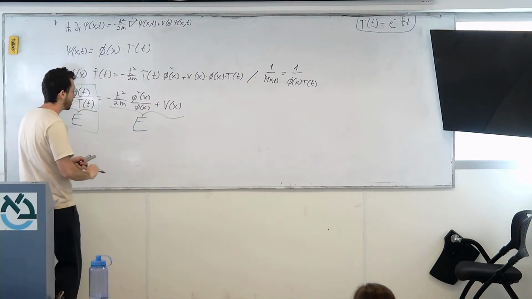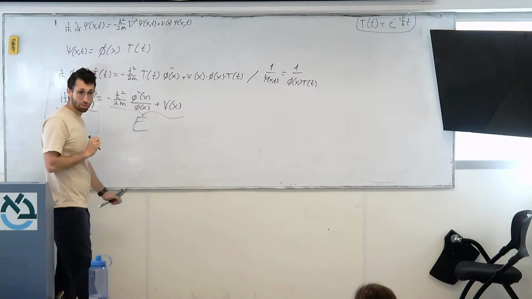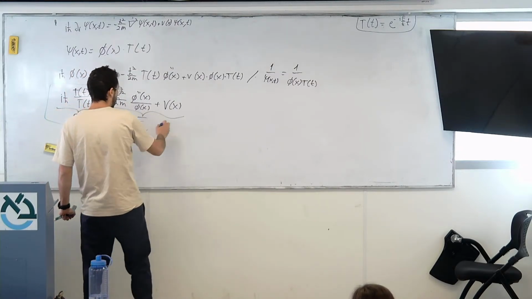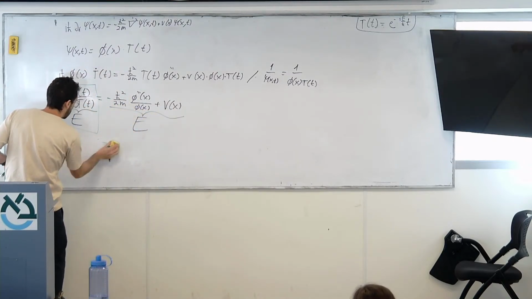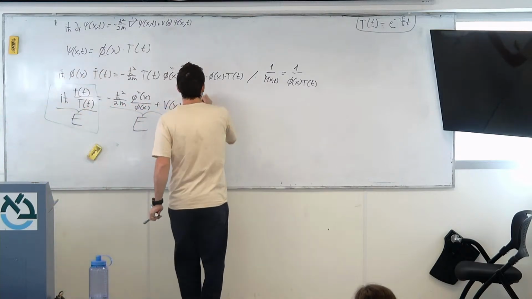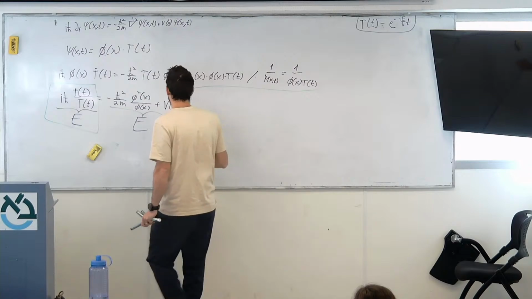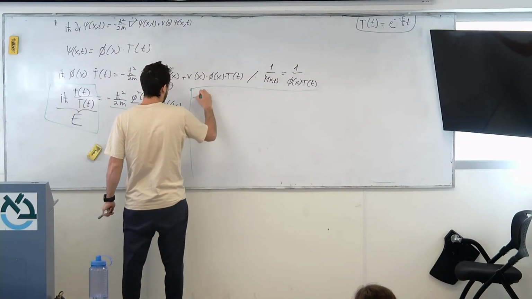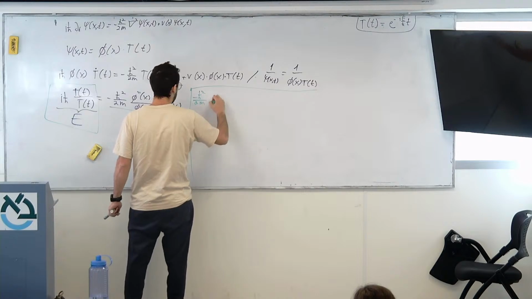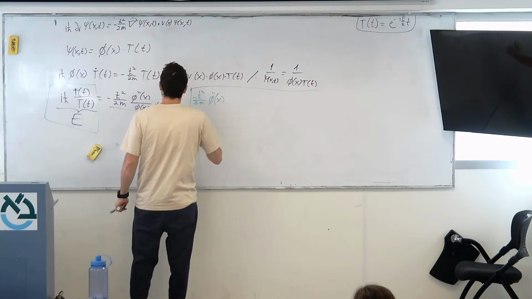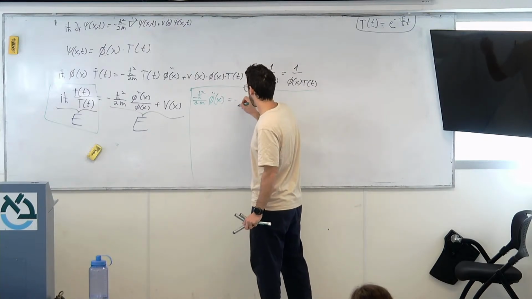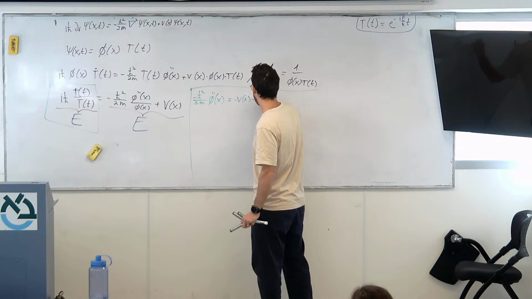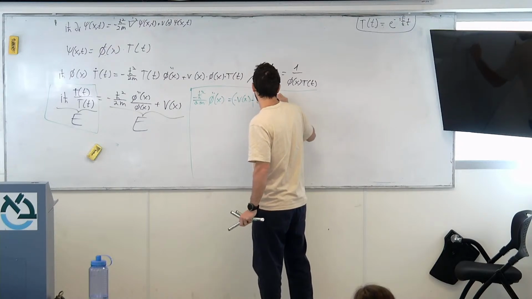The spatial solution is also an equation we know how to solve, because we can write the spatial part as minus ħ squared over 2m phi double prime of x equals minus V of x plus, let's say, minus E times phi of x.